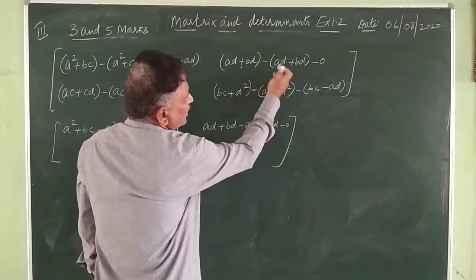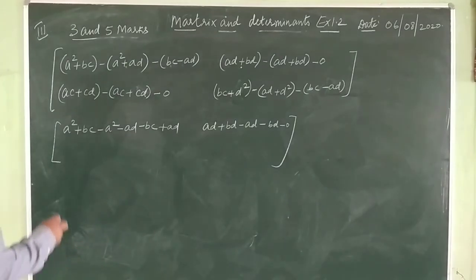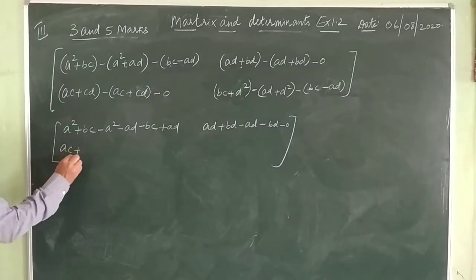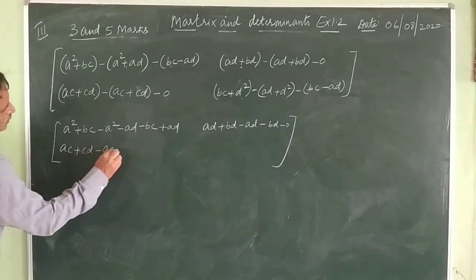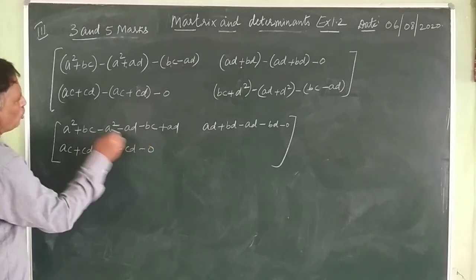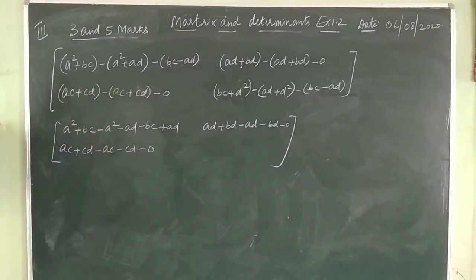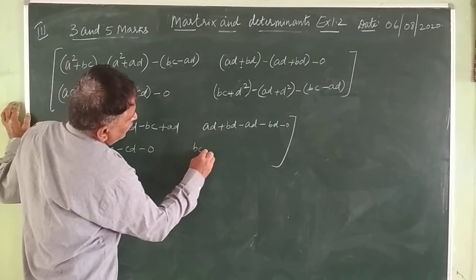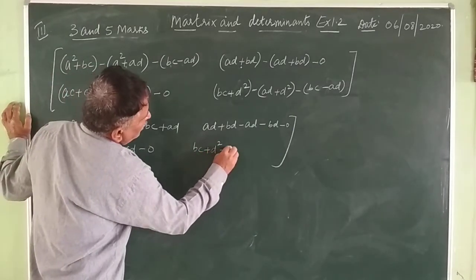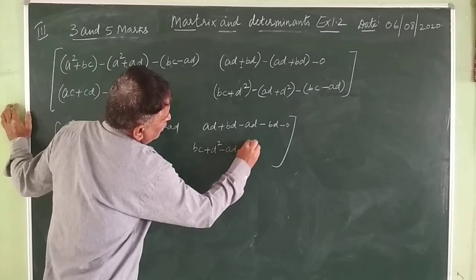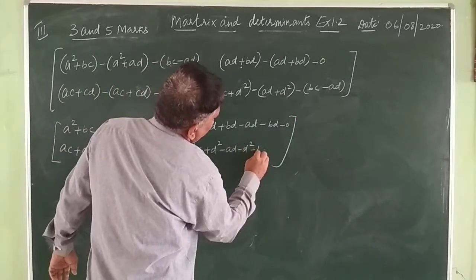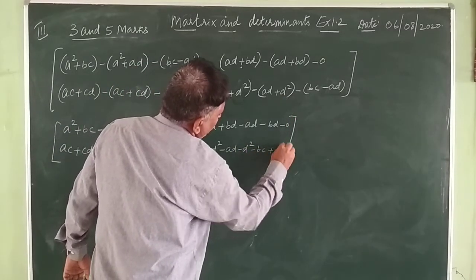No need. If you cancel, these two will become 0 directly. Yes. Now AC plus CD minus AC minus CD minus 0, or directly you can cancel it. Right. So BC plus D square minus AD minus D square minus BC plus AD.